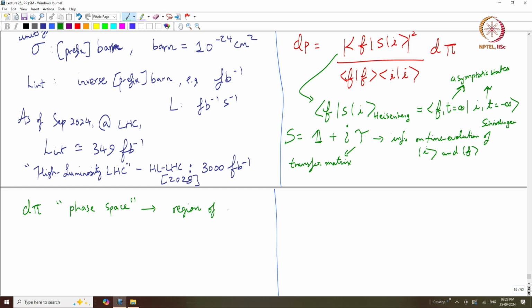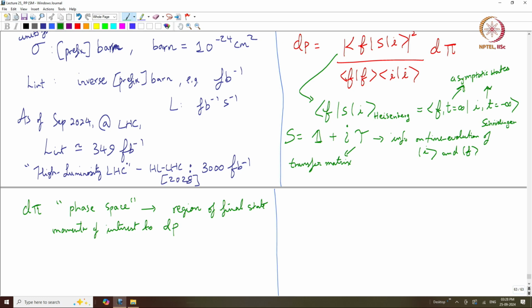So this is nothing but the region of final state momenta that is of interest to this particular process, this particular probability.